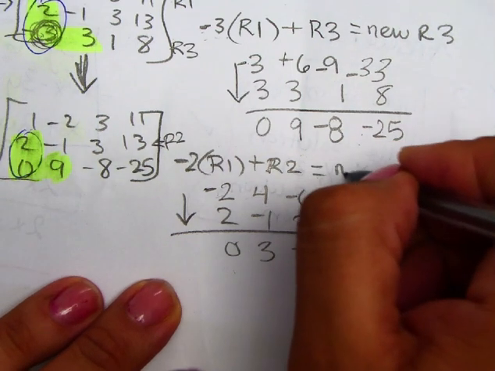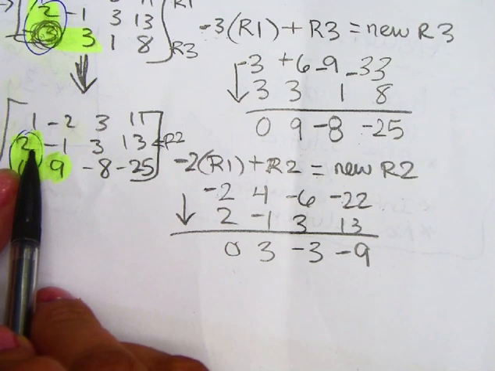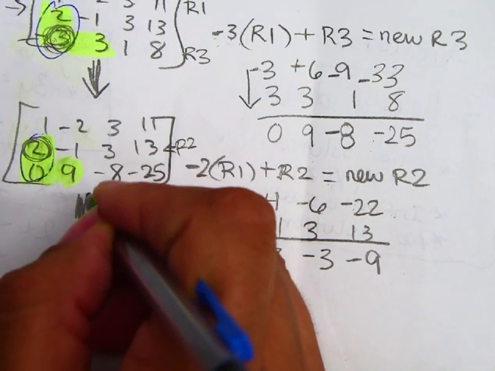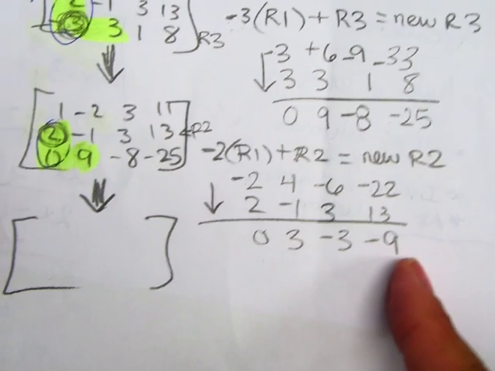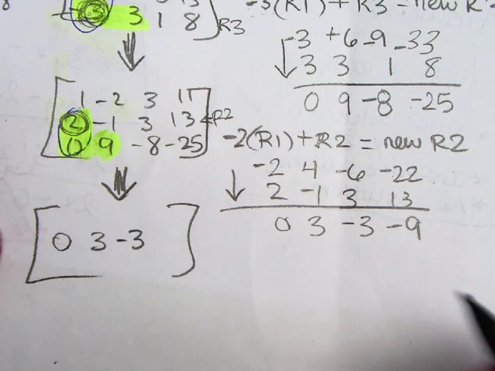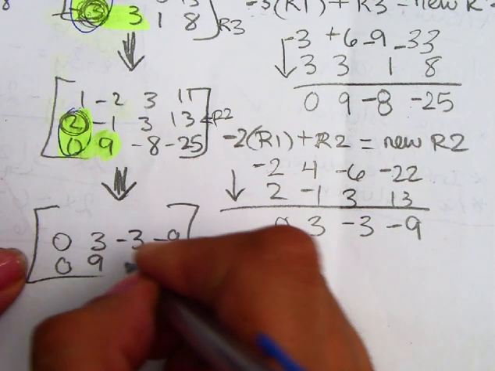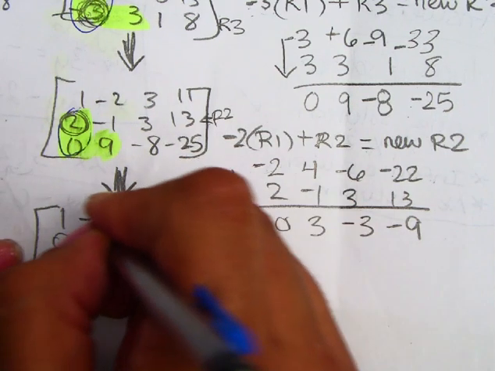So this results in the new row 2 because we're trying to change this to right here. So that means our new matrix has these answers for row 2. And then row 3 stays the same. And then row 1 stays the same.